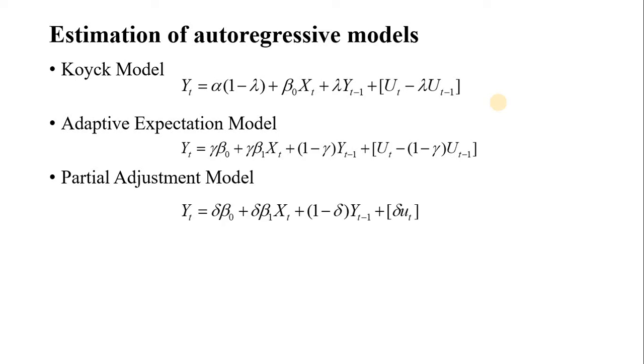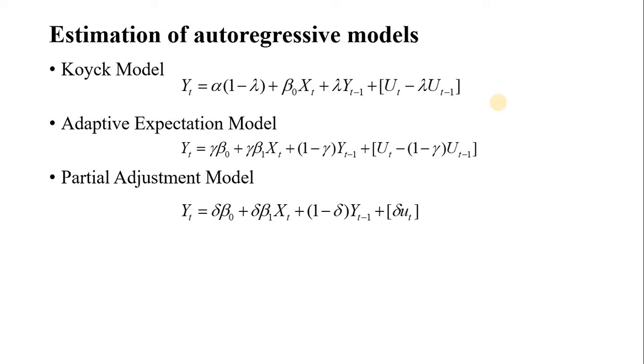If you look at the partial adjustment model, here also you can see a similar pattern. yt equals delta beta 0 plus delta beta 1 xt plus (1 minus delta) yt minus 1 plus an error term, but the error term is much simpler than that of the Koyck and adaptive expectation models.